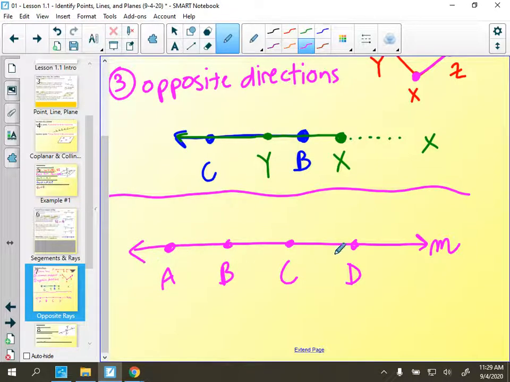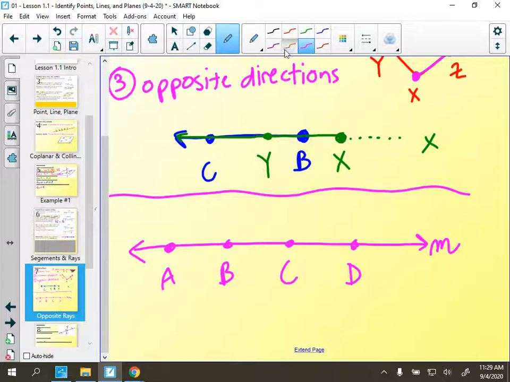I've got line AD, which we could also name line M, line DC, line BC. I've got some collinear points on that line, on line M. I have segments AB, segment AC, segment BD. There's a bunch of segments up here that we could all name, and we're just talking about those individual pieces.